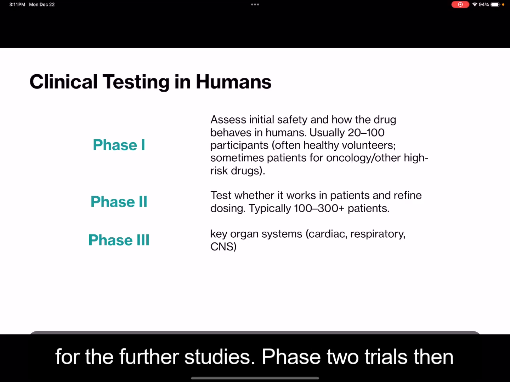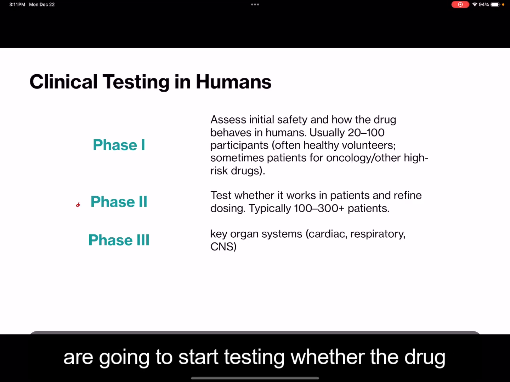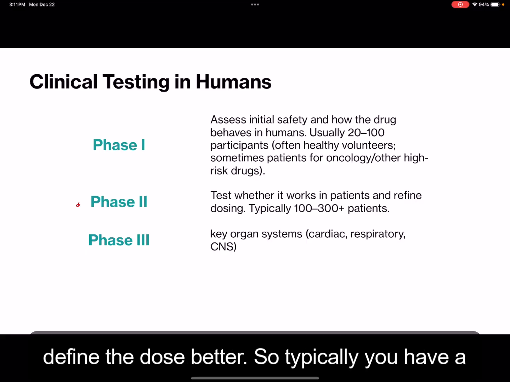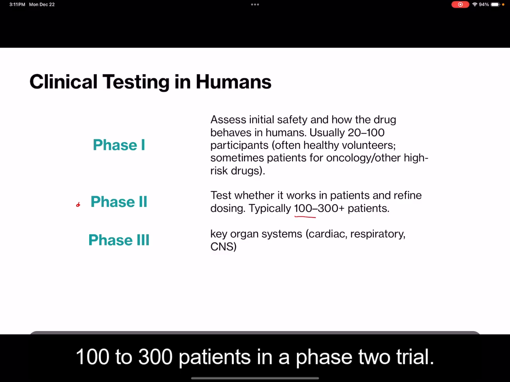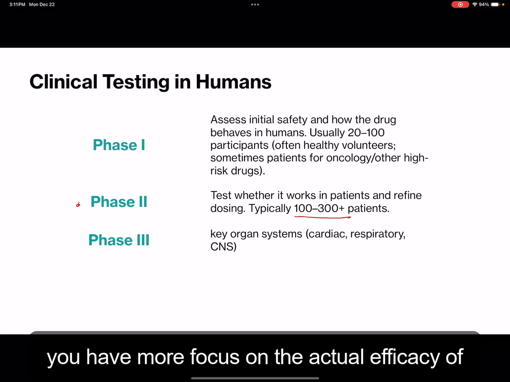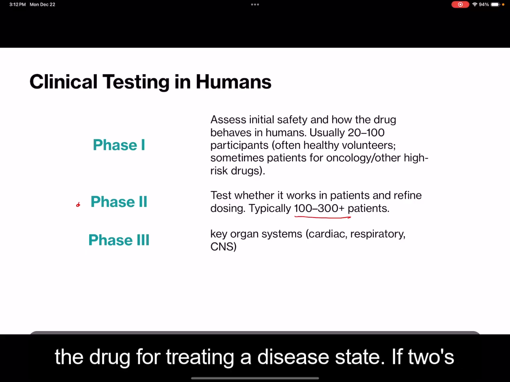Phase 2 trials then are going to start testing whether the drug actually works in patient populations and try to define the dose better. So typically you have 100 to 300 patients in a phase 2 trial, so a little bit larger scale than phase 1, and you have more focus on the actual efficacy of the drug for treating a disease state.